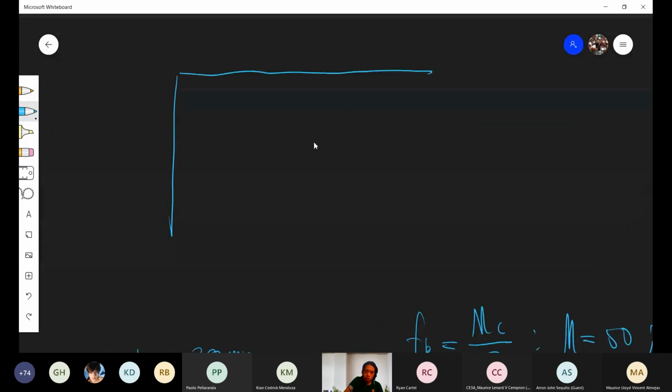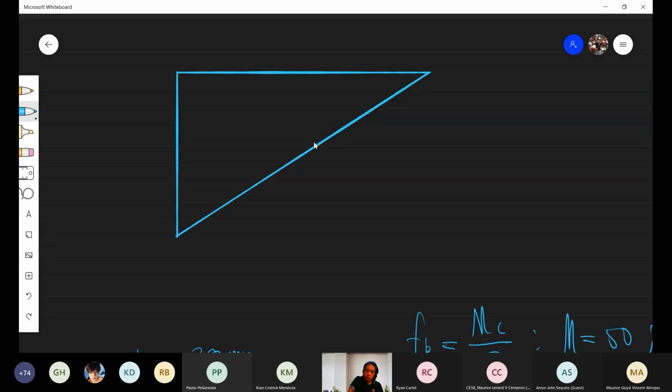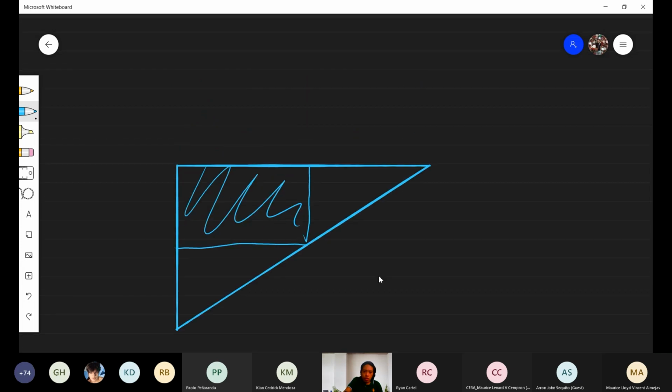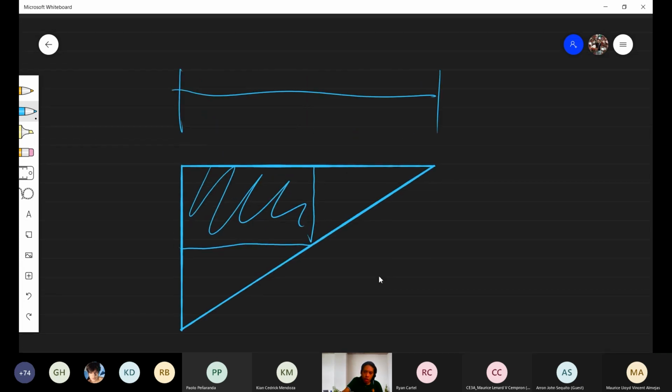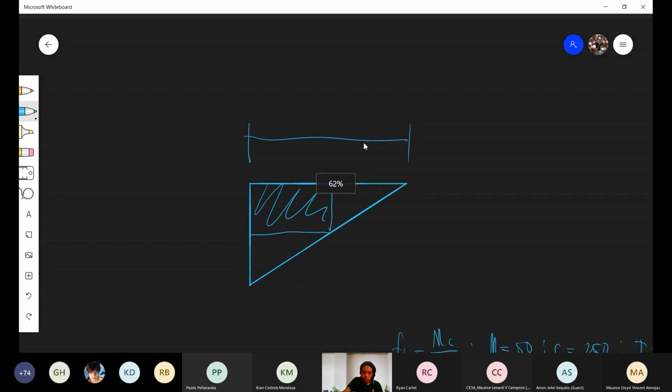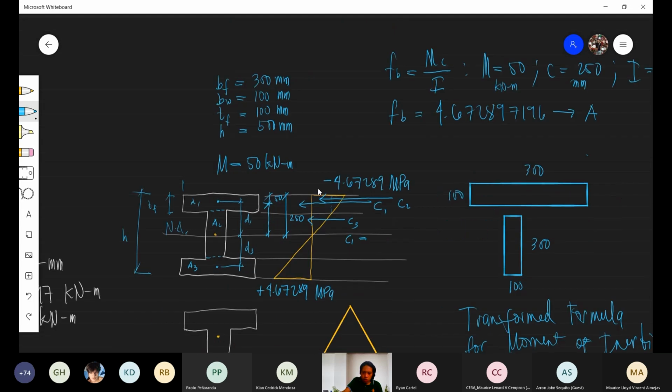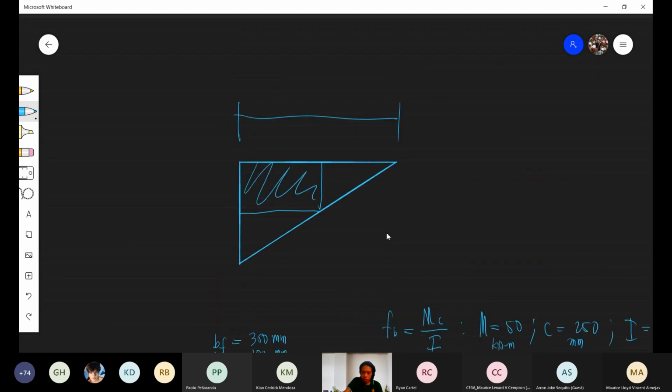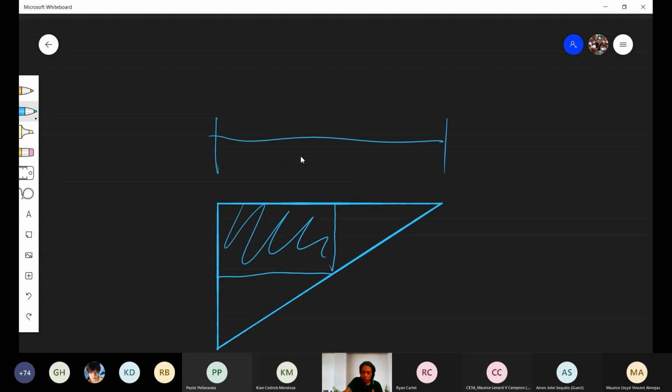Nasugad. Adi, ang rectangular part. Sana nasusundan niyo. That is 4.67289. Never mind the negative sign because it only indicates the direction.